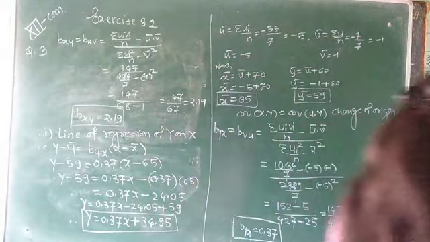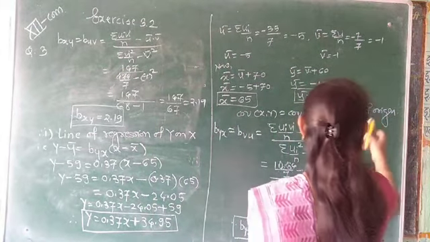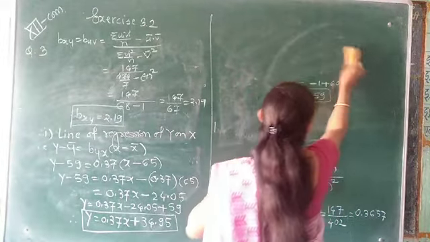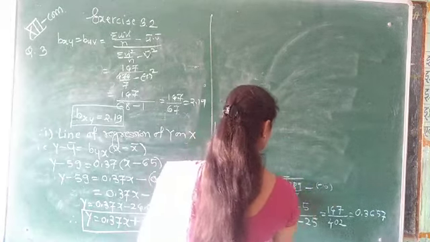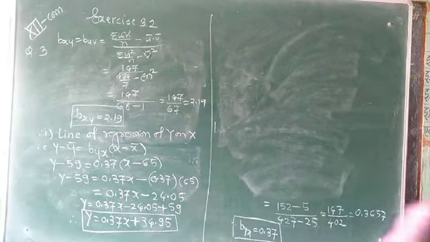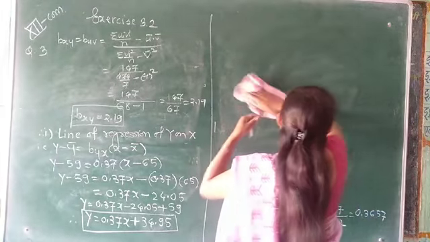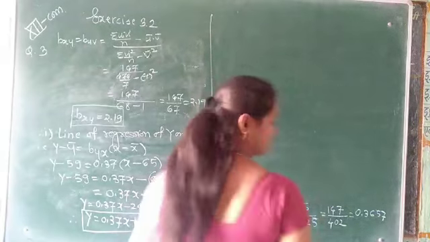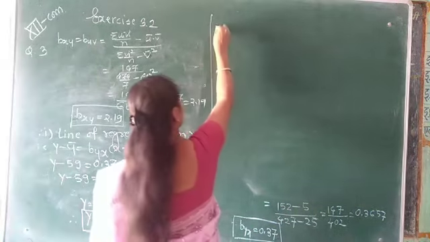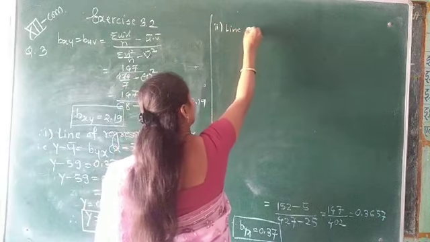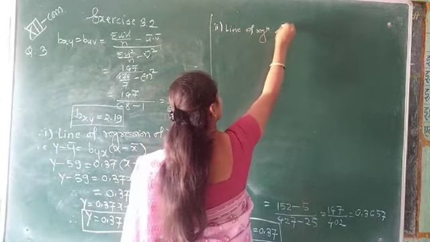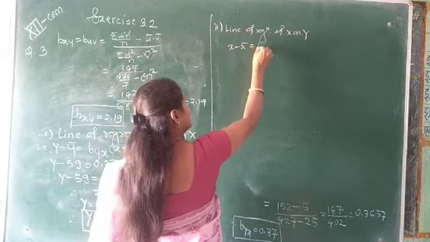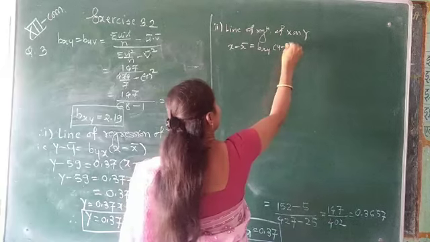Now, second question, how to find the line of regression of x on y. Line of regression of x on y, that means x minus x bar equals Bxy into y minus y bar.